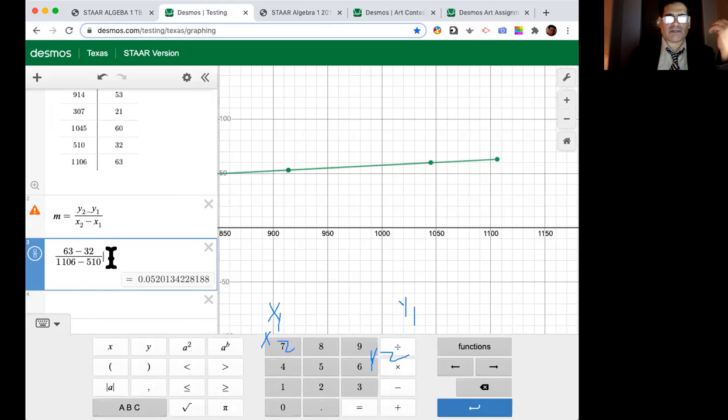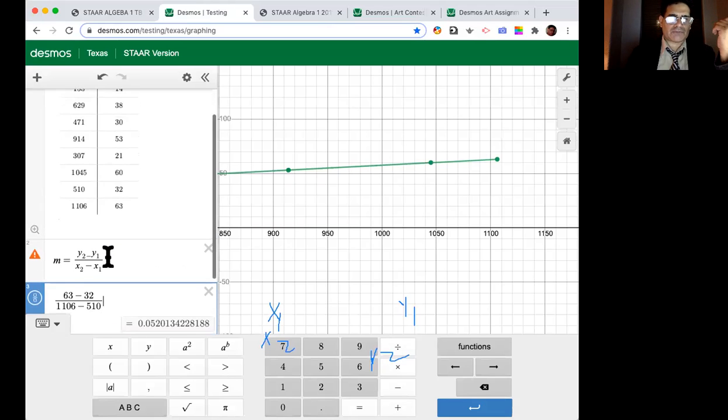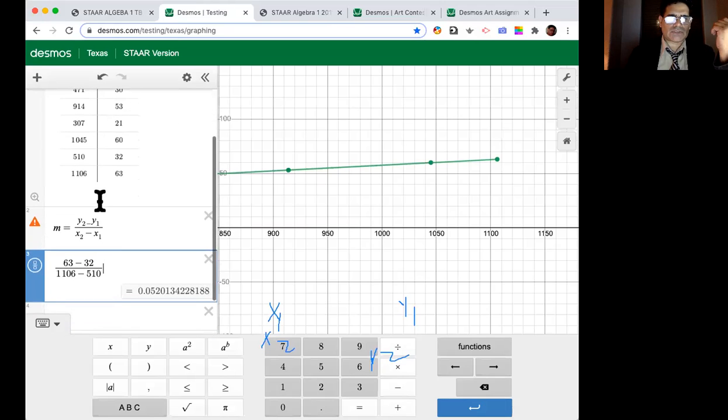So how do we set this up? We look at the first sets that we chose. 63 minus 32, y1 over y2. So 1106 over 510. And that gave us an answer of the change, or the slope, of 0.052.